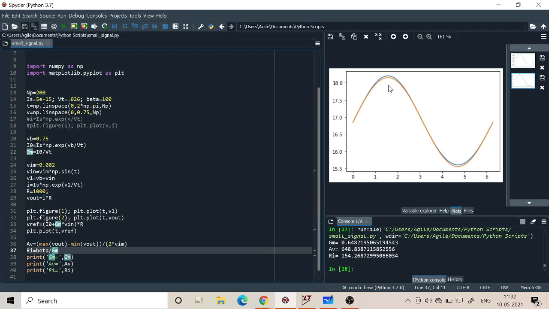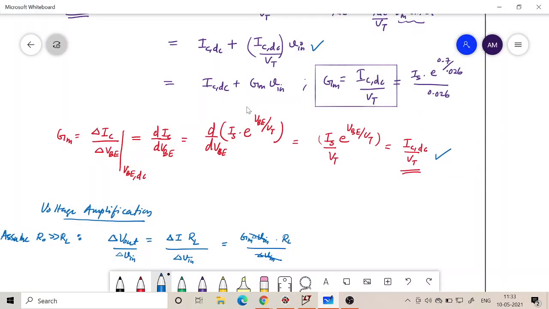So I am plotting the orange curve, which is the linear approximation, and the actual current is going to be the blue curve. Now why did I plot both separately? One is a plot of this expression, the orange curve.